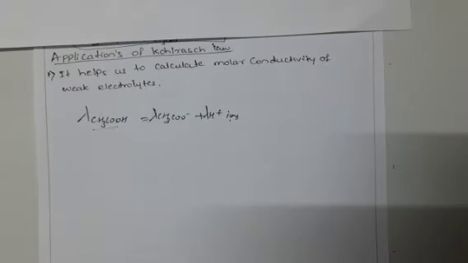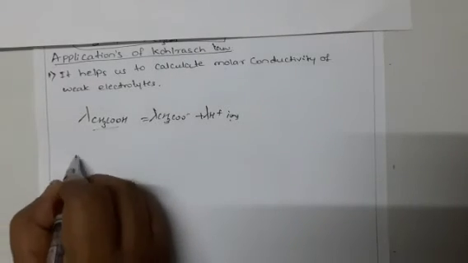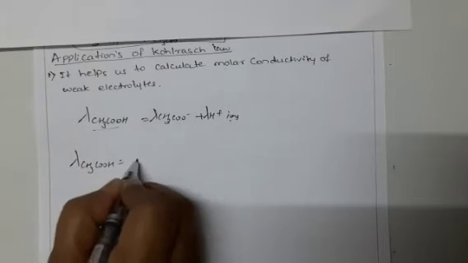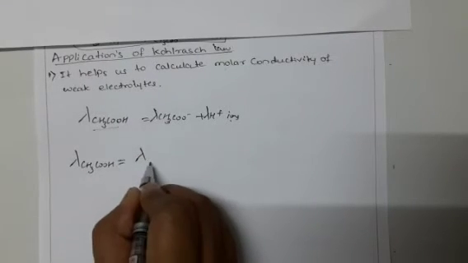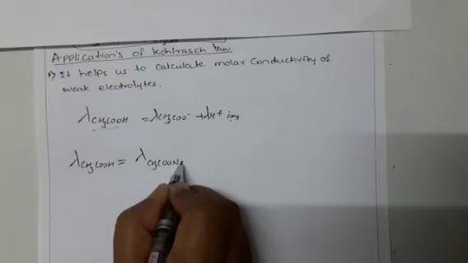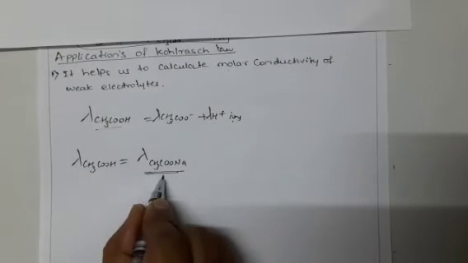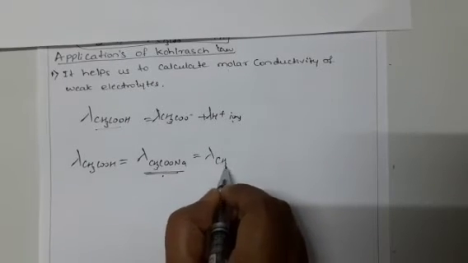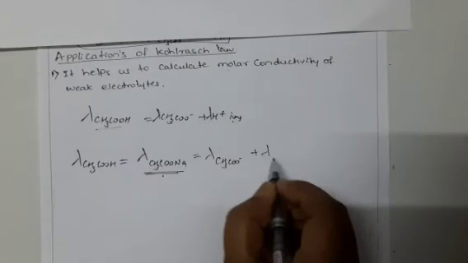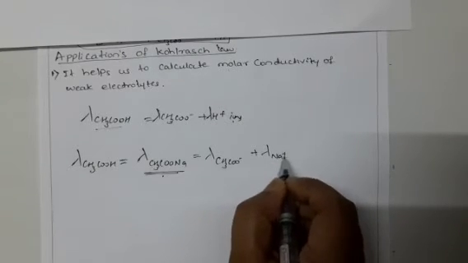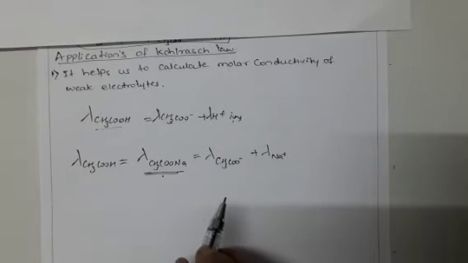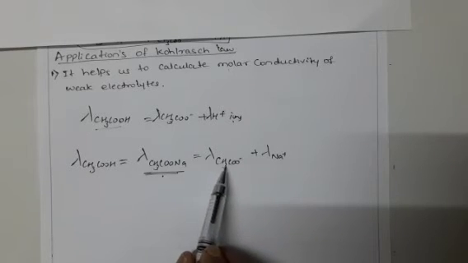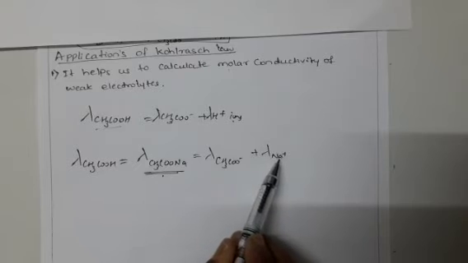Both these ions' molar conductivity is calculated from strong electrolytes. So here we are taking a strong electrolyte, that is CH3COONa. When we dissociate it, it becomes CH3COO minus plus Na plus. According to Kohlrausch law, this is equal to lambda CH3COO minus plus lambda Na plus.